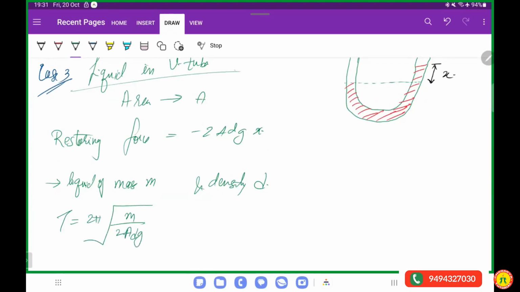So by this much time, whatever the values m and d and A have, up to that it will be oscillating. So let's say time period of oscillation.